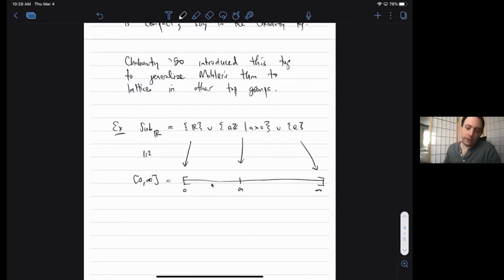To convince yourself that this is a homeomorphism, you can think about what happens to the subgroups aZ as a goes to infinity. As a goes to infinity, the subgroups aZ become more and more sparse.